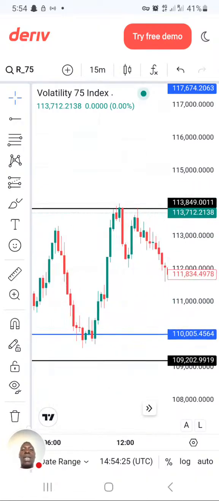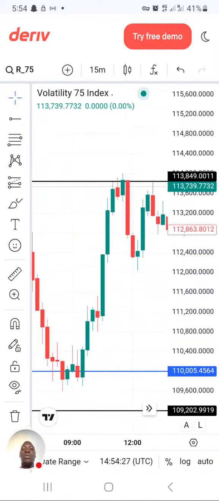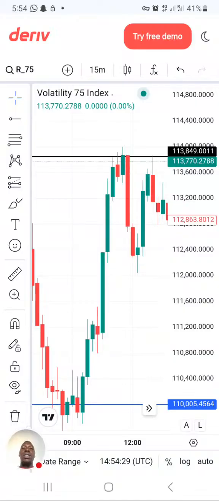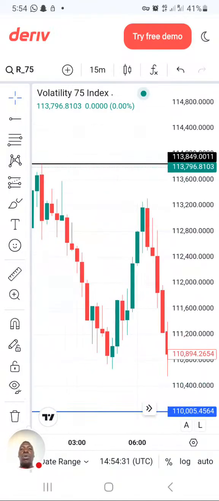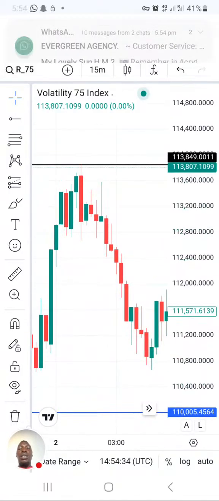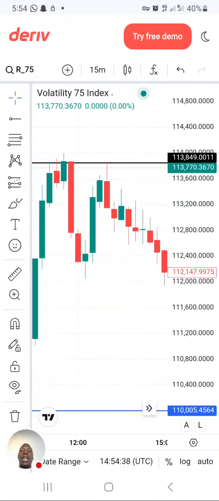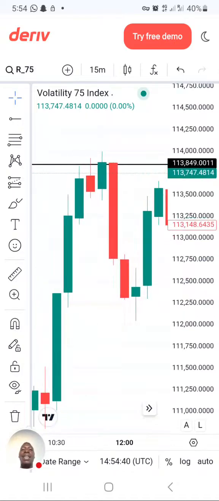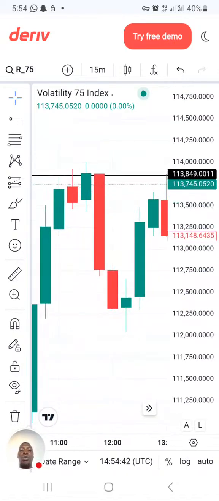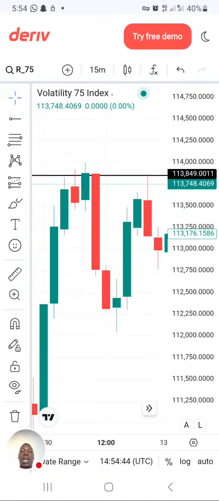You wait for the market to come and fake it out, or sweep the liquidity of this area. When the market comes and sweeps the liquidity of this area, you wait for the move downwards, and the move should be exactly like this: a strong bearish momentum candle, with another candle following.